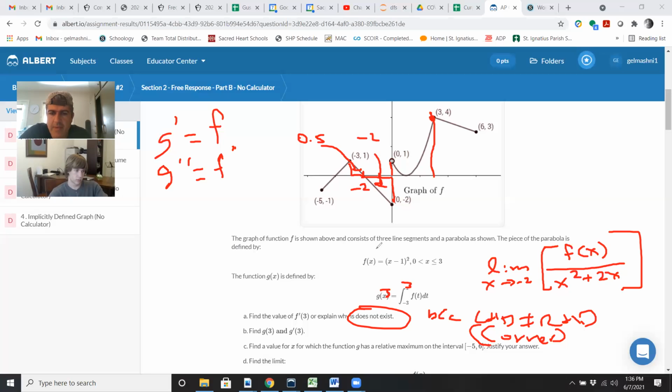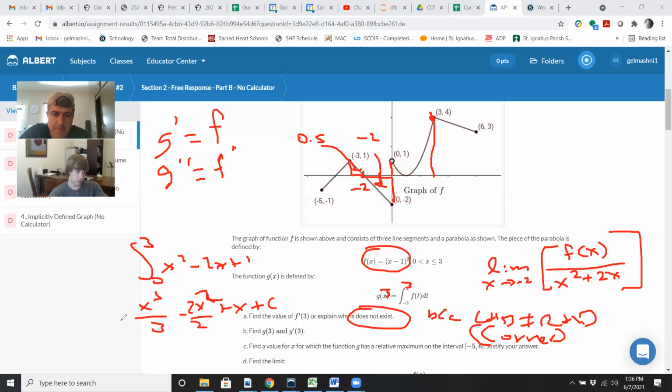Then you have to integrate this from 0 to 3. That's x squared minus 2x plus 1. Integrate that from 0 to 3. Work that out. That's x cubed over 3 minus 2x squared over 2 plus x plus c. We don't really need to worry about the plus c, but then you're plugging in 0 and 3.